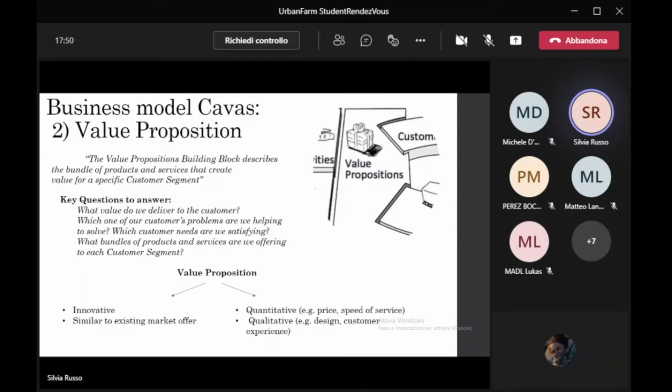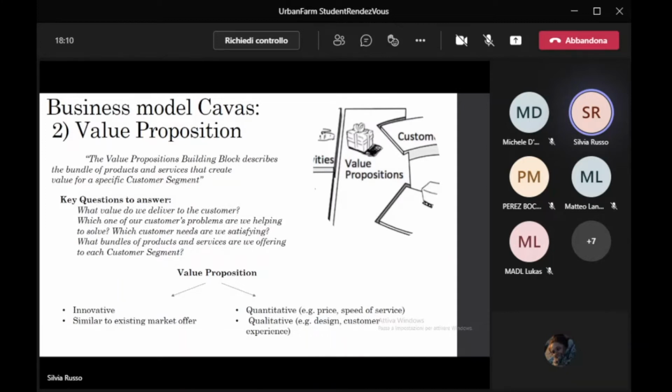The value proposition can be innovative or similar to existing market offer. The value proposition is innovative when we produce a product or services that is not yet on the market, and in this way we could satisfy a latent consumer demand that is not met by the market, by the supply, by the offer.